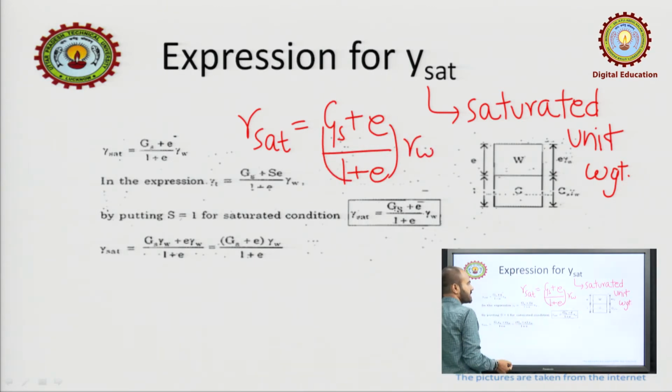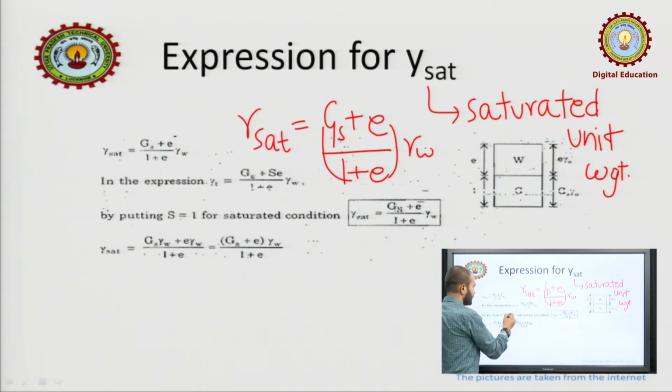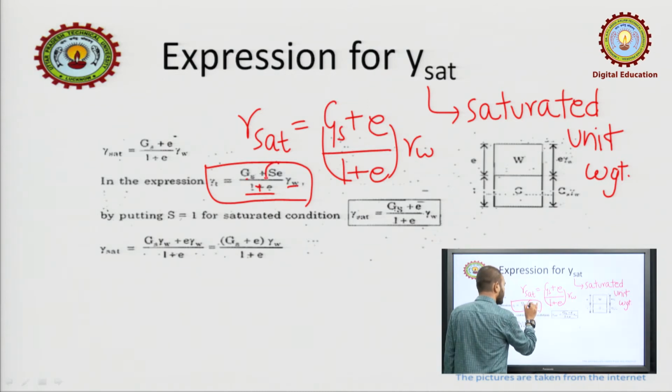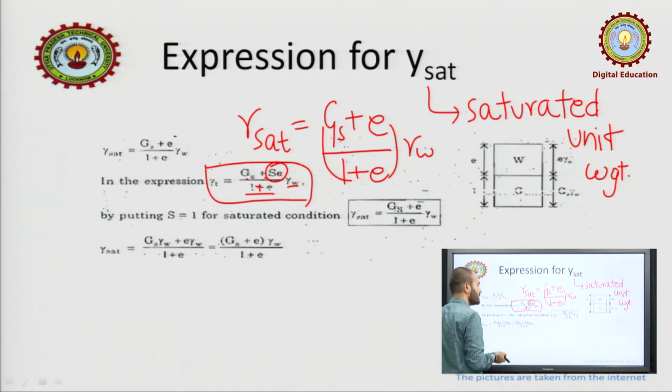Now, I think you have understood how this has come. If not, let me tell you. You just now derived the expression gamma T is Gs plus Se upon 1 plus E into gamma W. In this Se part, S is degree of saturation and E is void ratio obviously.